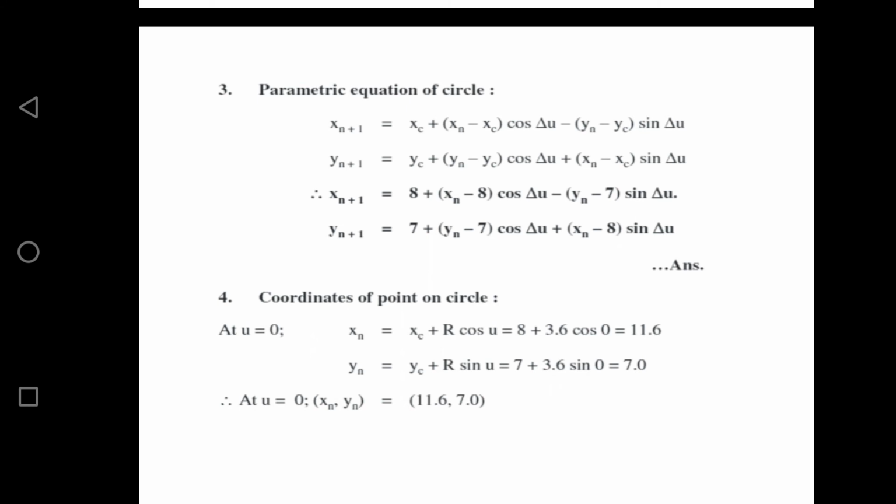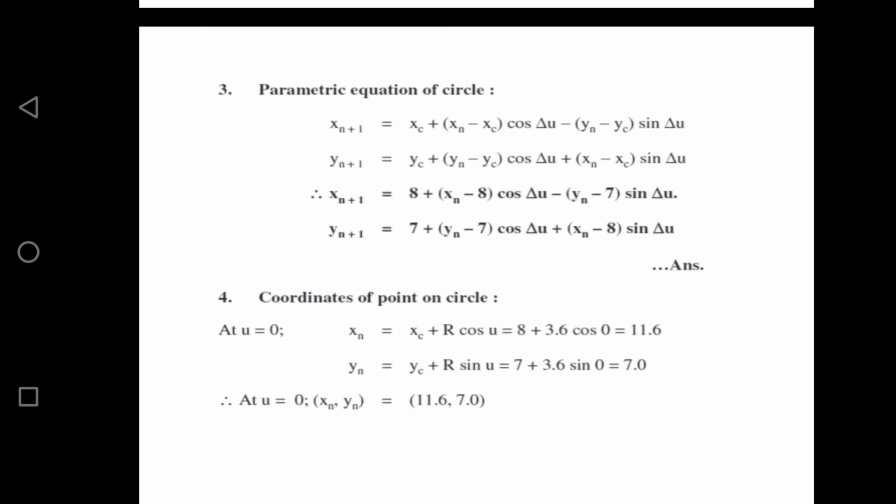If I substitute that value, xn equal to xc plus r cos u, so 8 plus 3.6 cos 0 equals 11.6, and yn equal to 7 plus 3.6 sin 0 equals 7. So my initial point at u equal to 0 has the coordinates 11.6 and 7.